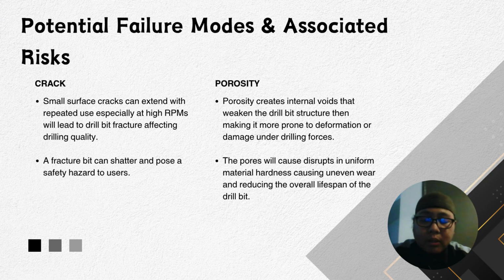As for porosity, it weakens the drill bit by creating internal voids that reduce its structural strength. This makes the bit more likely to deform or break under load. Additionally, the pores cause inconsistencies in material hardness, which leads to uneven wear. This reduces the efficiency and lifespan of the drill bit.